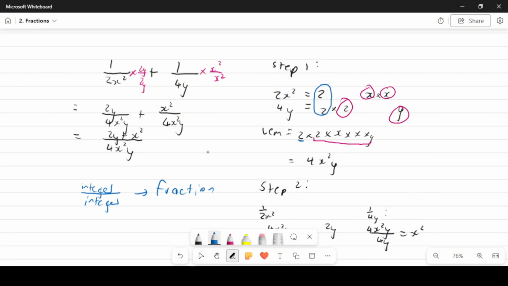When we have numbers in the numerator and numbers in the denominator. But when you start having variables and numbers, so numbers and variables over numbers and variables, then what we have is what we call rational expressions.